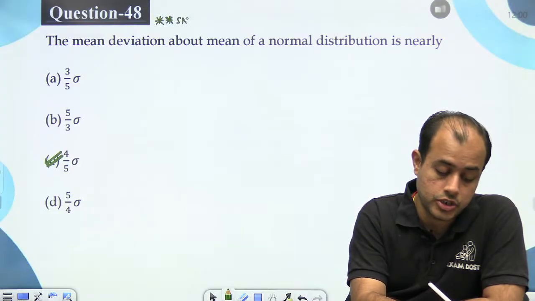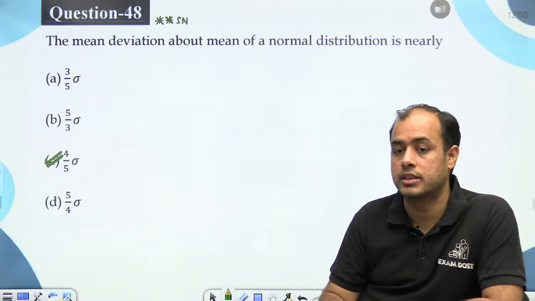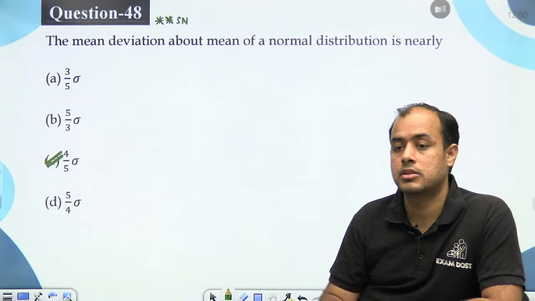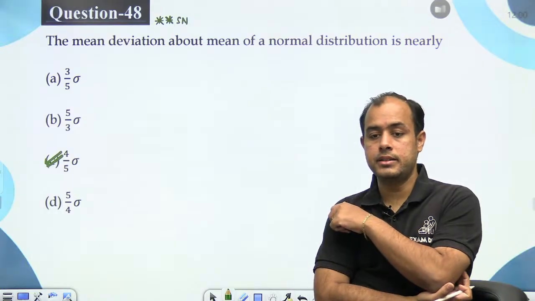The mean deviation about the mean of a normal distribution is approximately 4/5 sigma. Okay, 4/5 sigma. Is this clear?